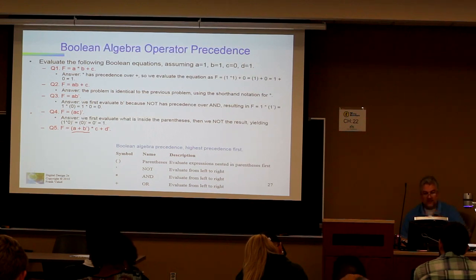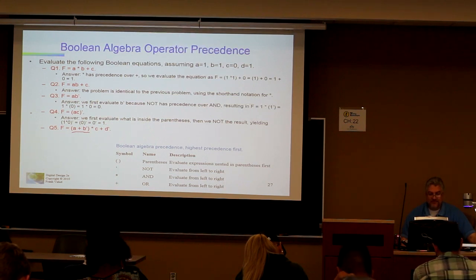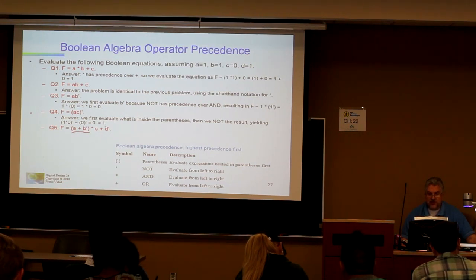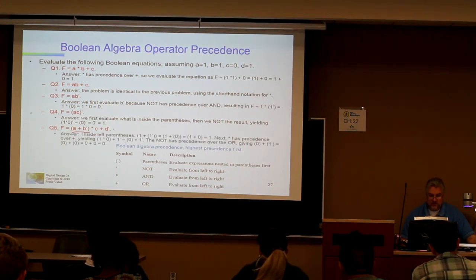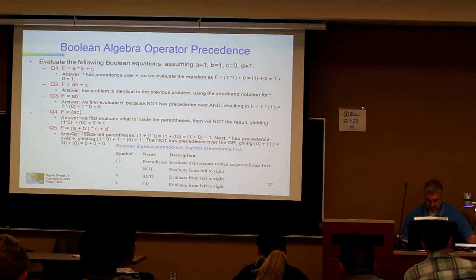I said it was an and, it's an or. So A or not B, so that's a 1. Then we're going to and it with C, 0. Then we're going to or it with not D. D is 1, not D is 0. So the answer of all this is going to be 0. He goes through a lot of stuff, but we just did that one by one. Easy enough?